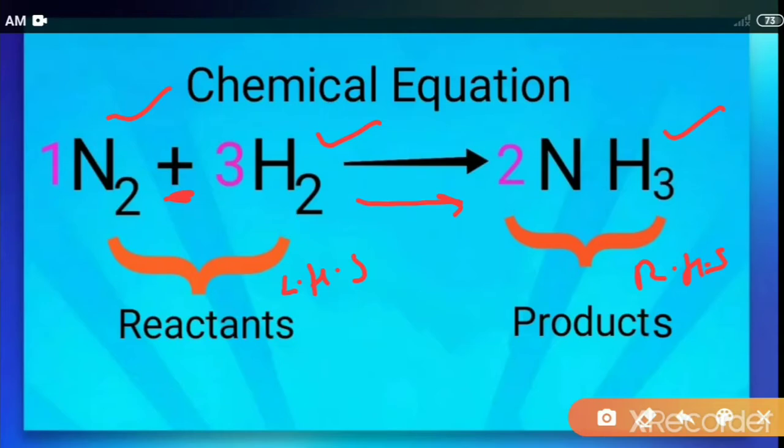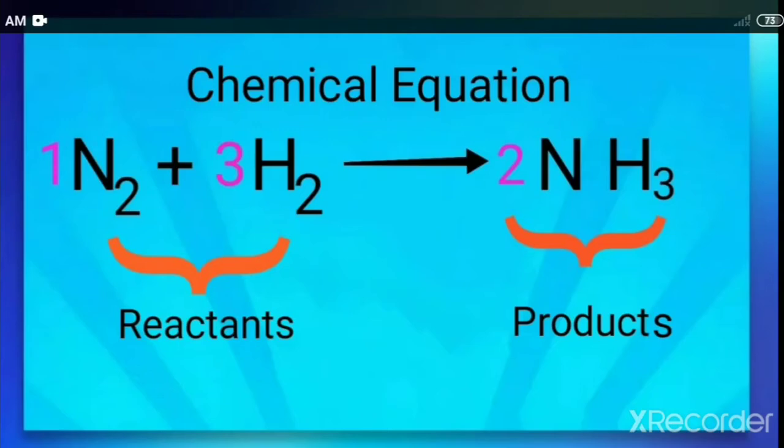It shows that the reactant is converted into product. So this is the way of writing a chemical equation. You are familiar with this. This chemical equation shows that the reactants are nitrogen and hydrogen and the product is ammonia.